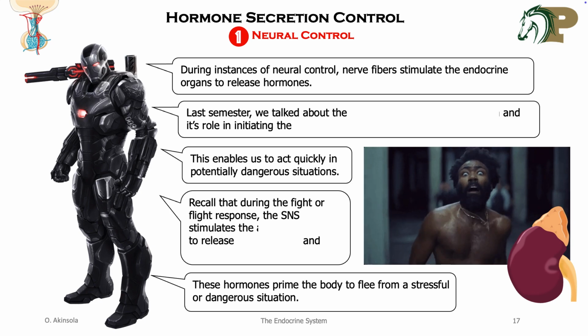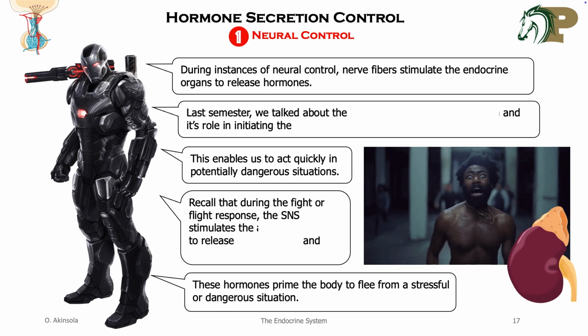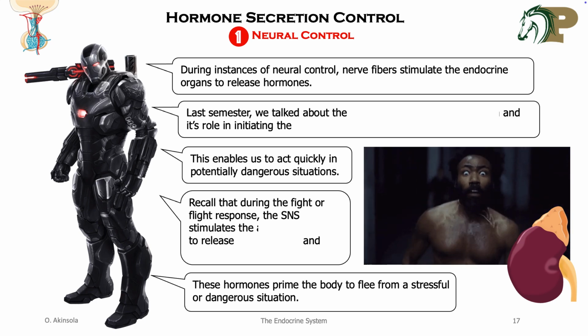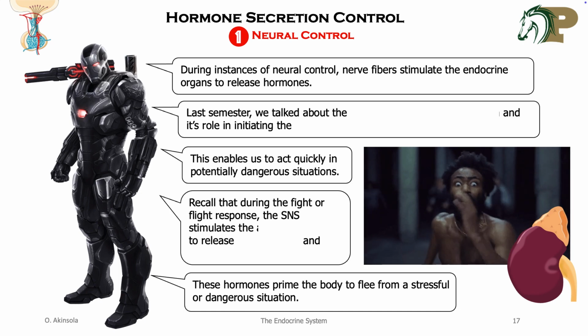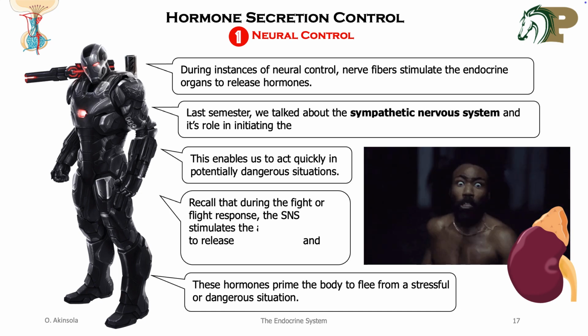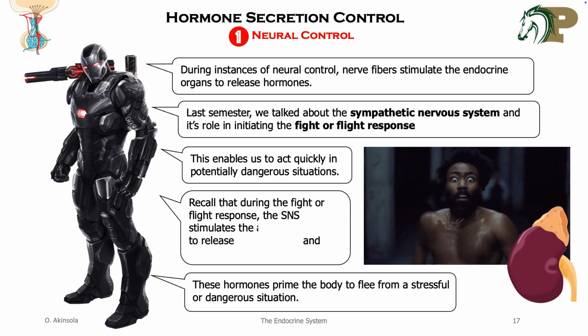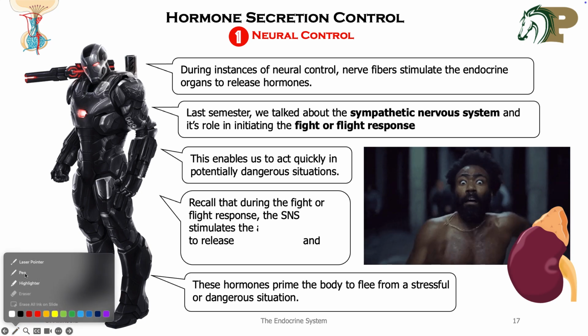So we'll start with neural control. During instances of neural control, nerve fibers will stimulate the endocrine organs to release hormones. Last semester, we talked about the sympathetic nervous system and its role in initiating the fight or flight response.